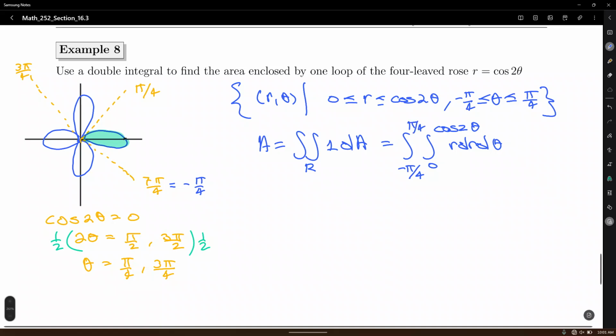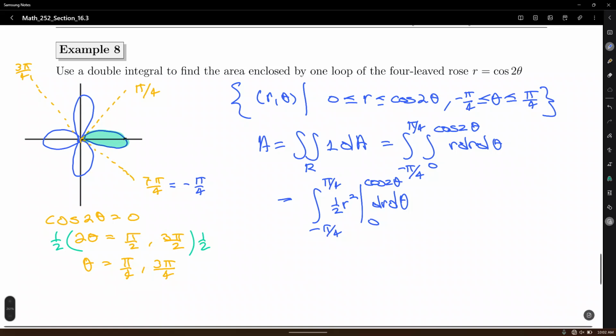All right? Okay, let's do the integration with respect to r. That equals the integral from negative pi over 4 to pi over 4 of r squared over 2, or 1/2 times r squared, d theta, evaluated from 0 to cosine 2 theta. Oh, hold on.